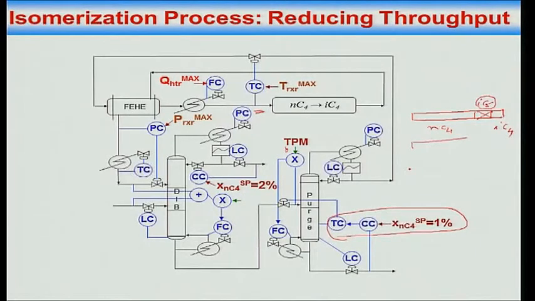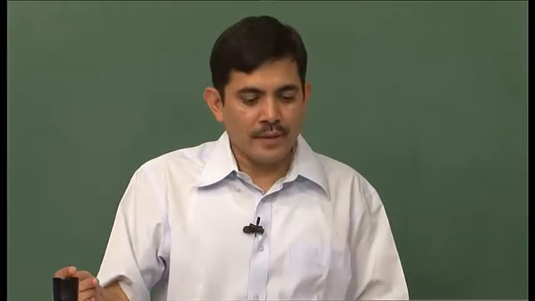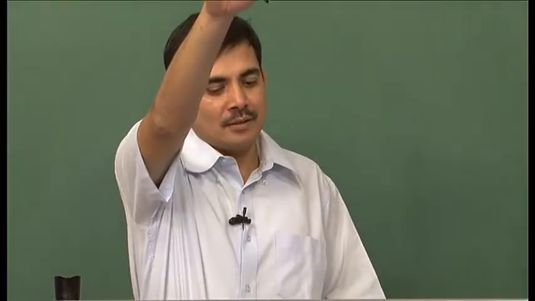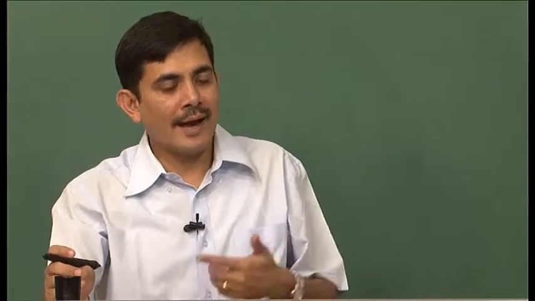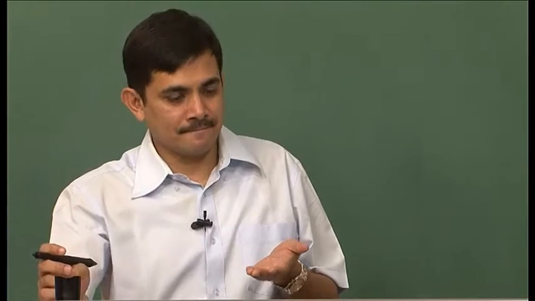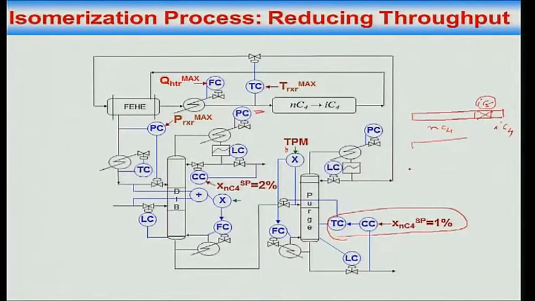By driving the amount of IC4 to 0, I can essentially suck in more feed. Yes or no? Now let's go the reverse. So even though Q heater has reached max, by adjusting the amount of IC5 leaking up the top of the second column, I can still jack up my throughput a little bit. Okay, I can do the same thing here.